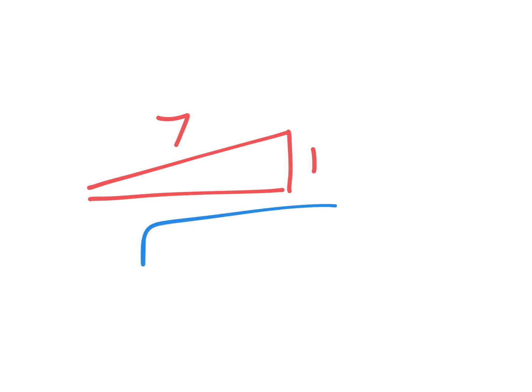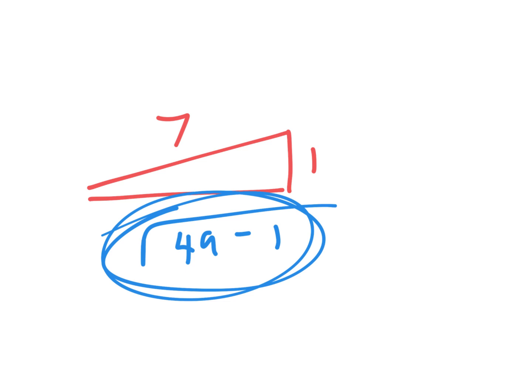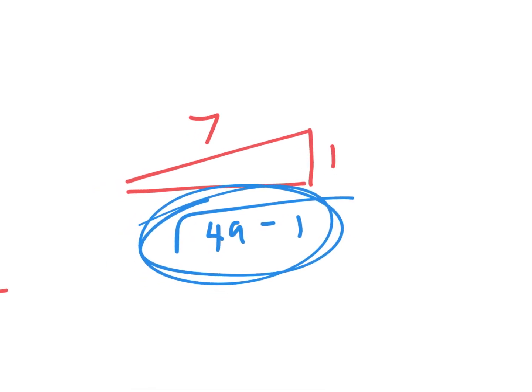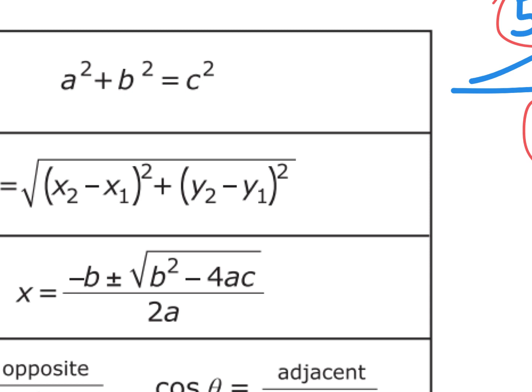Square root of, Talon, give me one of those things squared. 49. Yep. Excellent. And should I add them or subtract them? Subtract. Yep. So then this is square root of 48. And that's it. You're done. Hope you feel like you learned something there. Any questions? Okay, that's one thing that's on the MCAs and the ACTs.